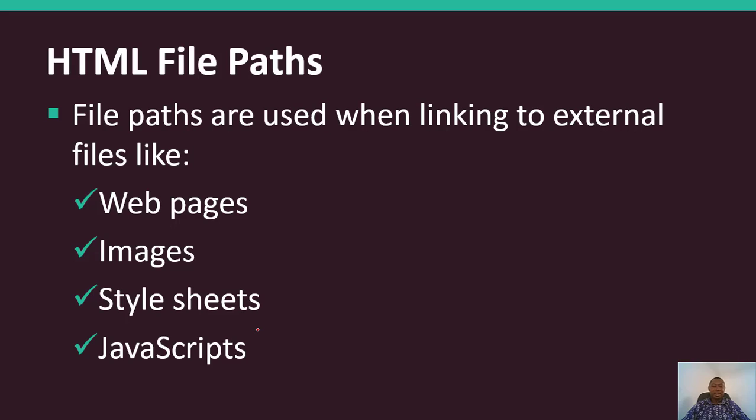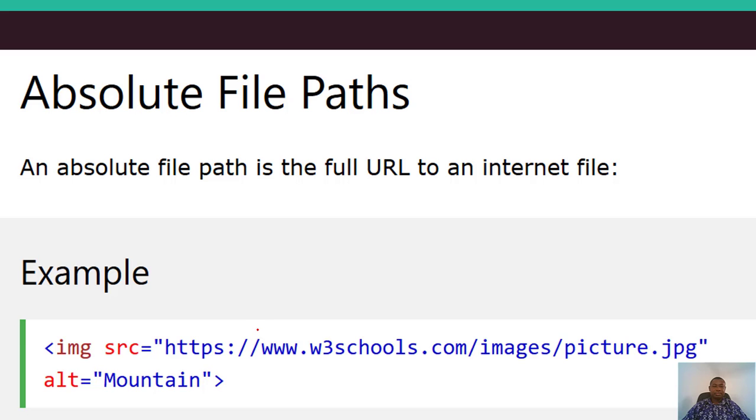Then you put all your JavaScript functions in a text file that you want to link to. There are two main types of file paths. You have the absolute file path and the relative file path. An absolute file path is the full URL to an internet file.